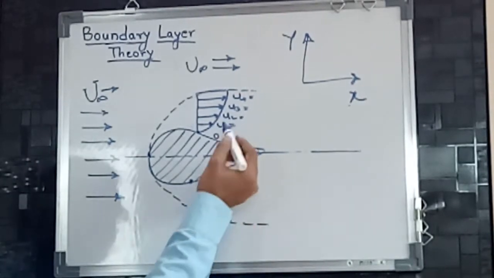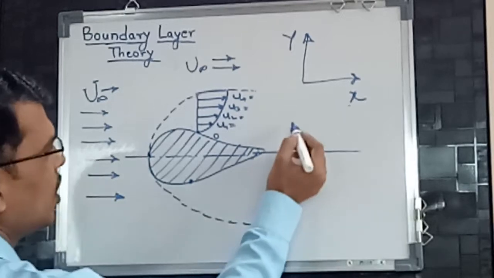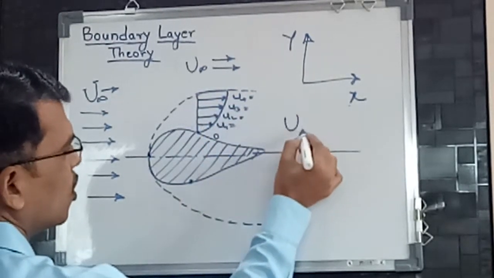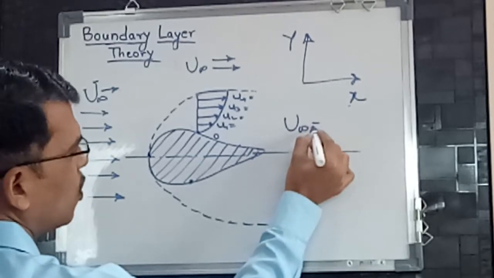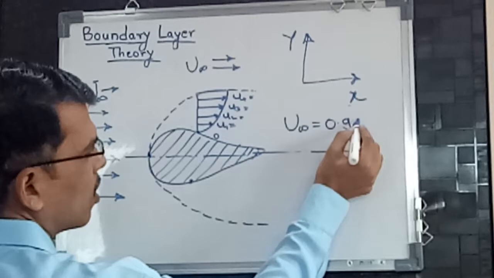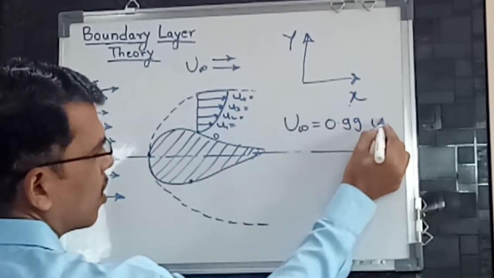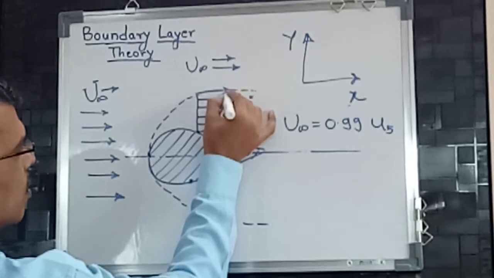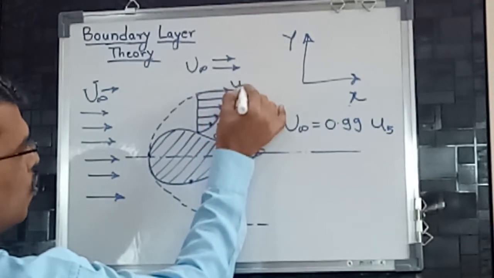Now see here, this is the local velocity. So at this particular portion, u equals 0.99 U infinity. Here I will assume u is there.